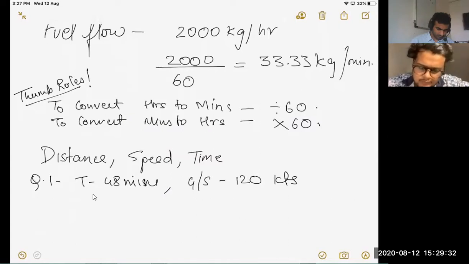Minutes is 48 and speed is 120. 96 nautical miles. First, give me the answer for 48 minutes to hours. 48 minutes to hours will be 0.8 hours.